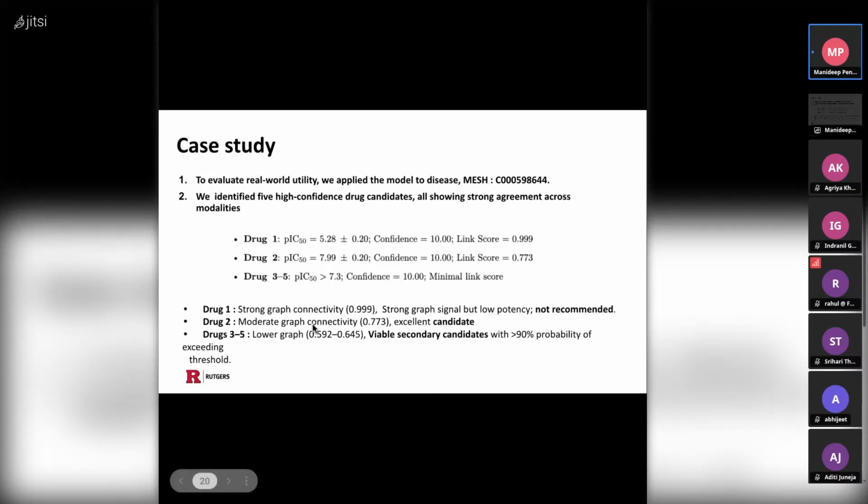The second one has moderate graph connectivity. It would make an excellent candidate. The 3 to 5 have lower graphs. They're viable as secondary candidates, but because we have a link score which we got from our link model, which I haven't added here, but it's minimal, probably under 0.3, they can be dropped or used as secondary candidates.